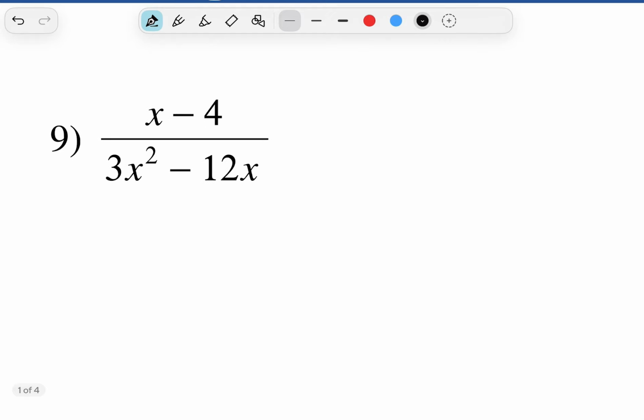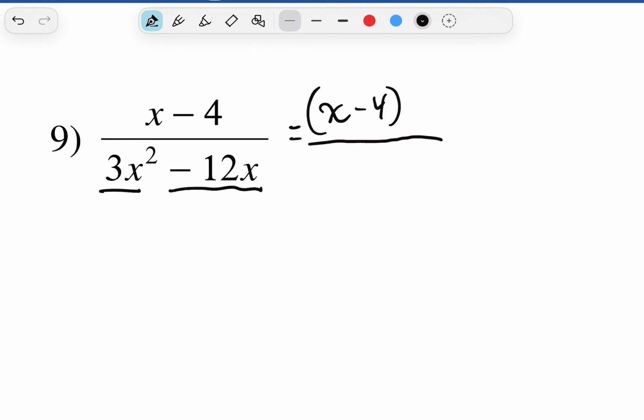Now this one involves a little quadratics, it looks like. So we know we have our x minus 4 on top, and wouldn't it be nice if there was somehow an x minus 4 on bottom? And that might give you a hint as to how you're going to factor out here. So we have a -12x and a 3x squared. What is something common that goes into both of those?